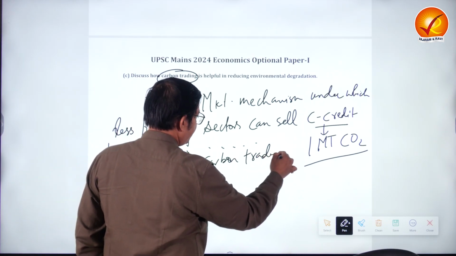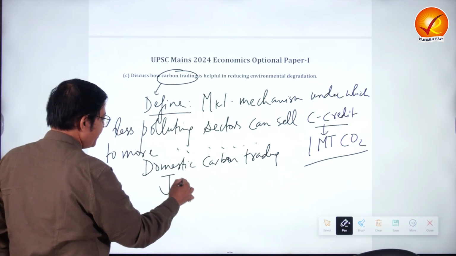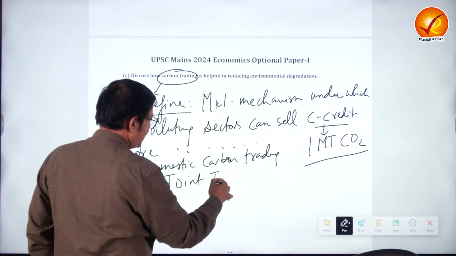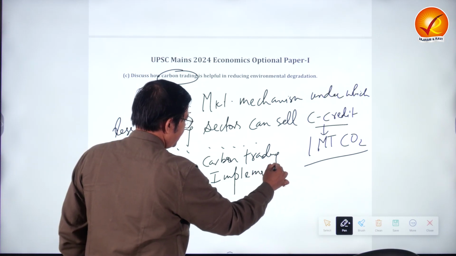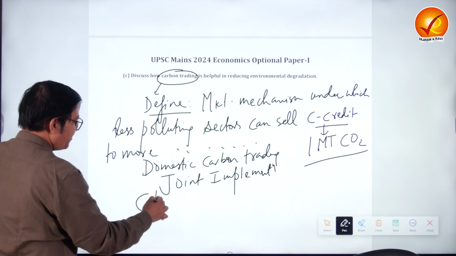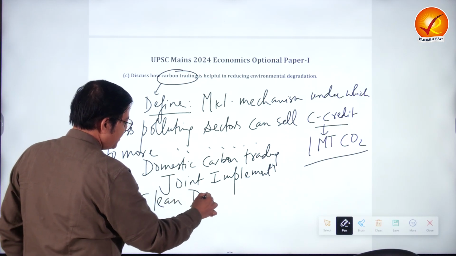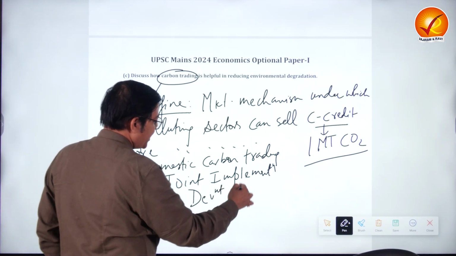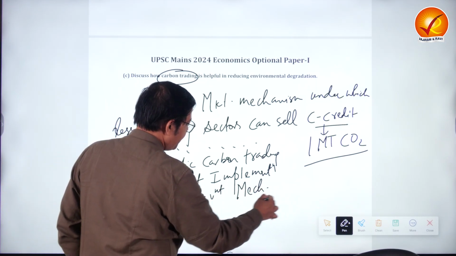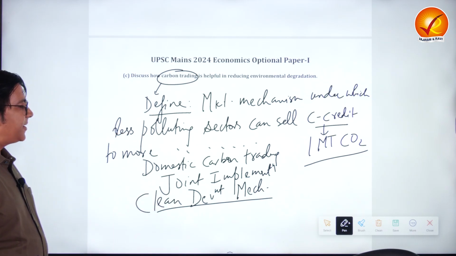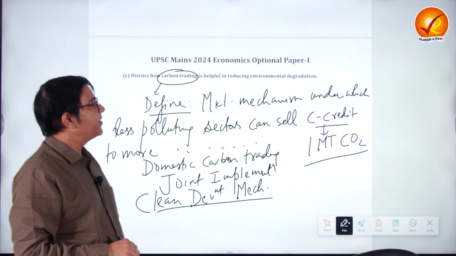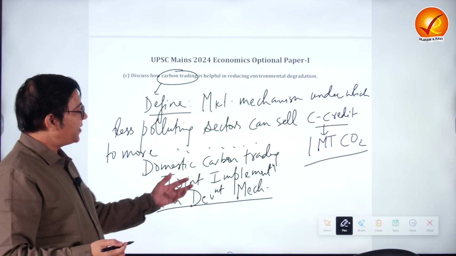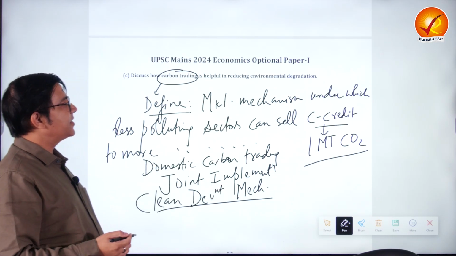But there are other mechanisms also, like joint implementation. There can be clean development mechanism. In clean development mechanism or CDM, the developed countries can set up less polluting industries in the developing countries, and for that they can earn some carbon credit.